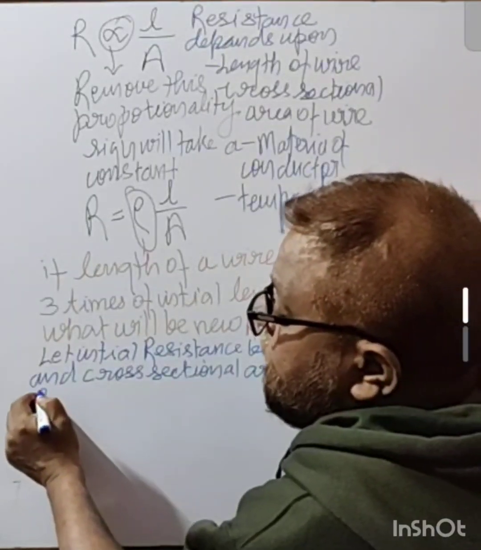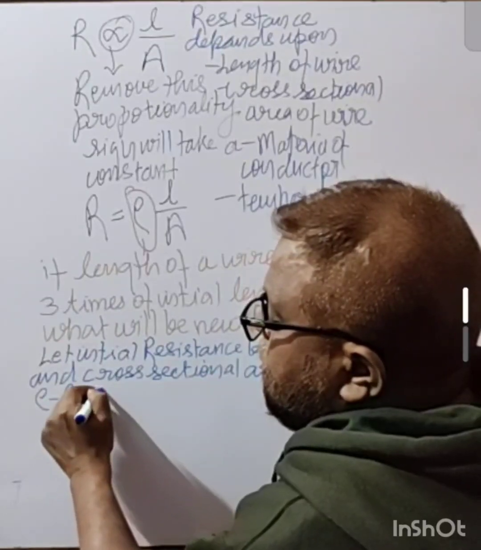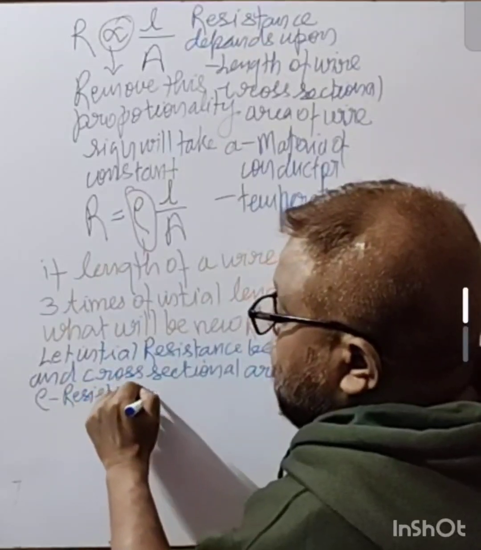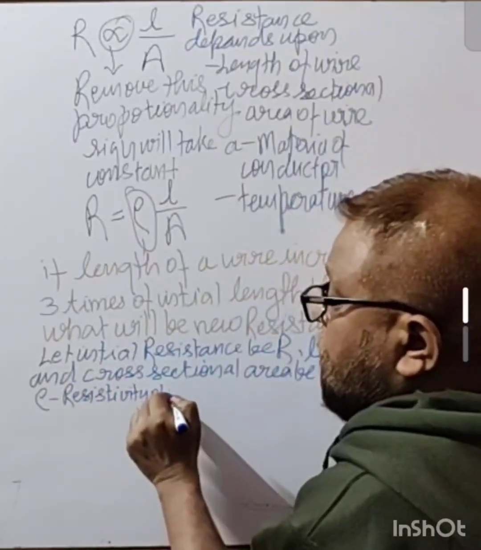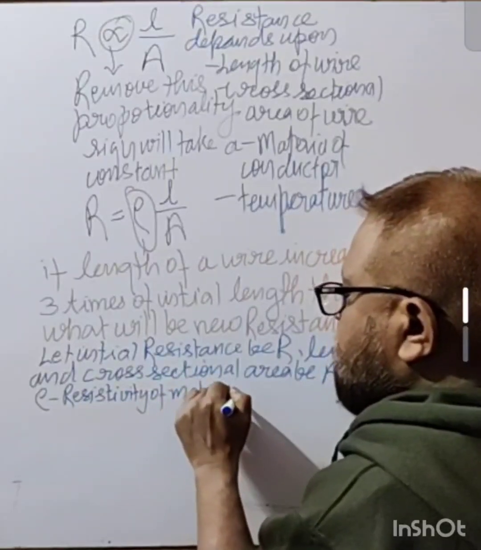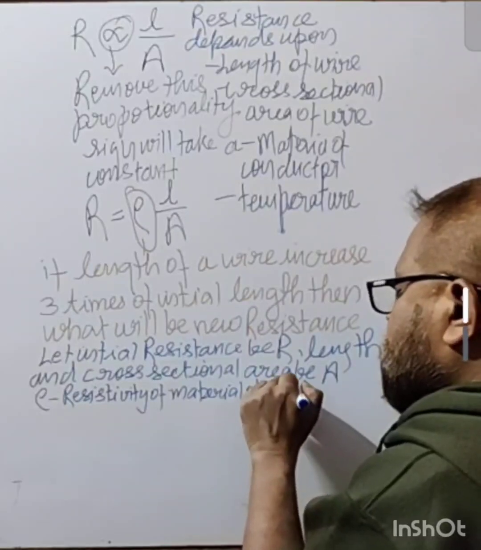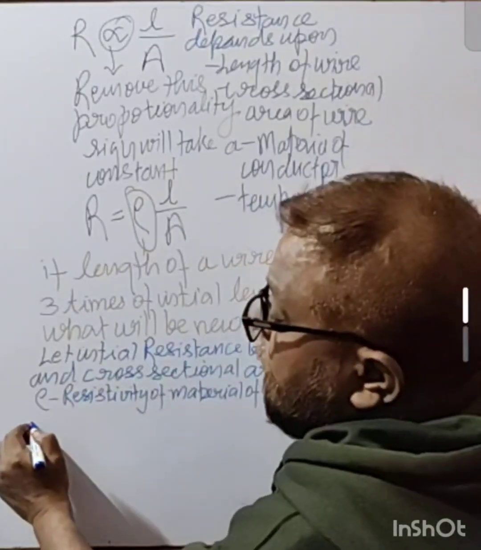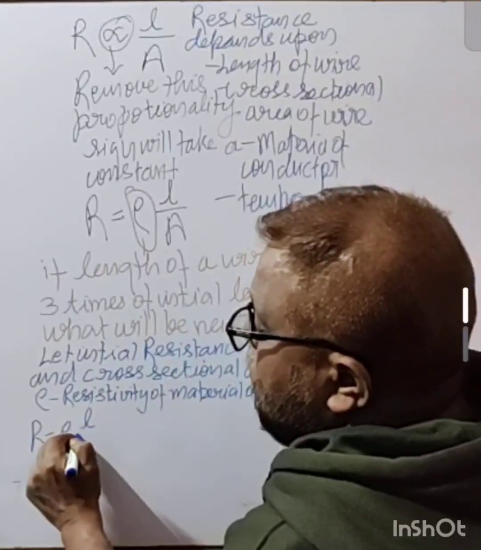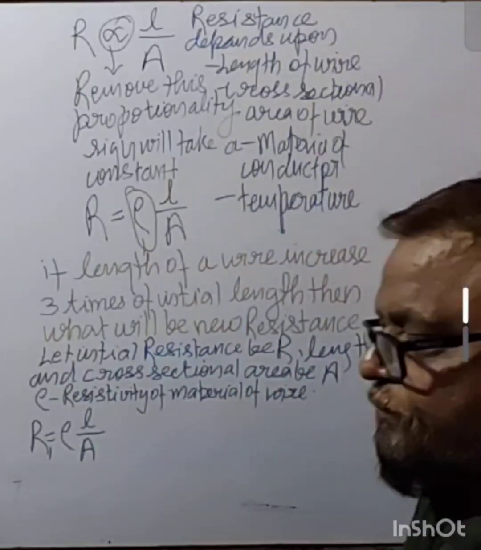Rho is the resistivity of the material of wire. So we can write R is equal to rho into L upon A. Say this is R1, right?